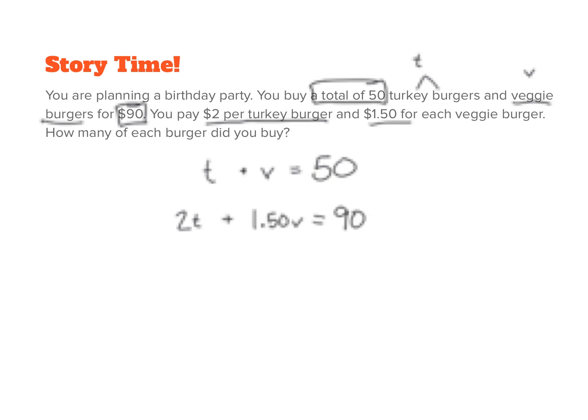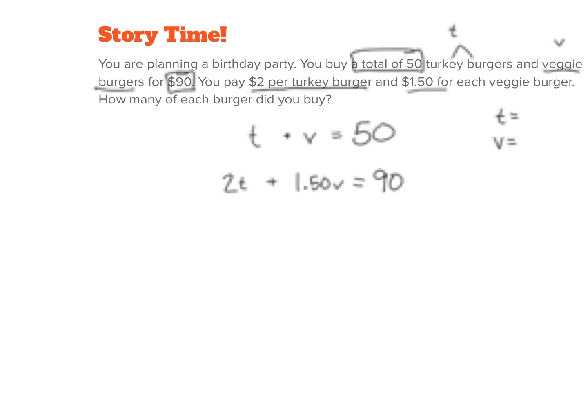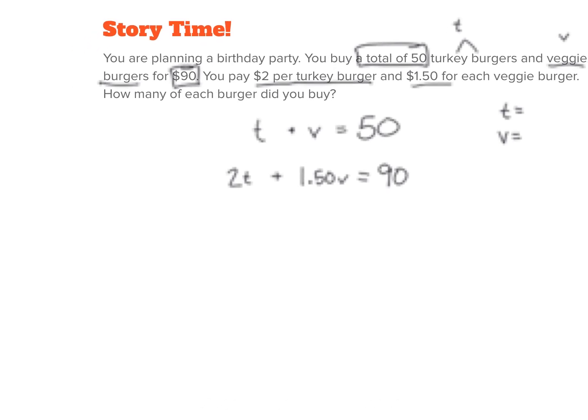So here's my system of equations. I have two equations that use the same variables, and now I need to figure out how many turkey burgers did I buy, how many veggie burgers did I buy. Well, let's get started. My first equation is probably the easier one to start with. And again, this is one of those situations where I don't have it nice and easy as being, oh, V equals this or T equals this. I kind of have to make it myself.